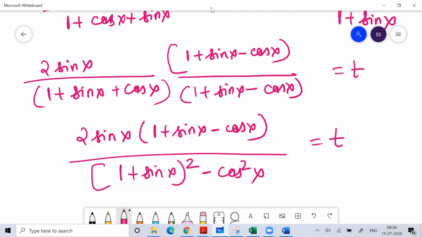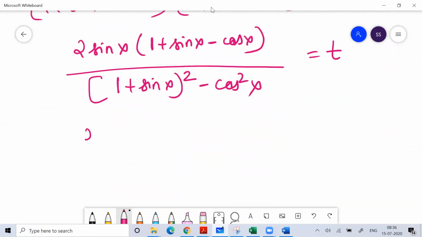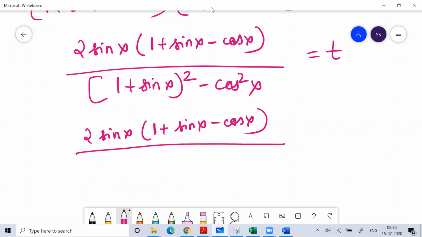Going further, I can write 2 sin x times 1 plus sin x minus cos x. If I open the bracket, this is a square plus b square plus 2ab, and in place of cos square x, I can write 1 minus sin square x.